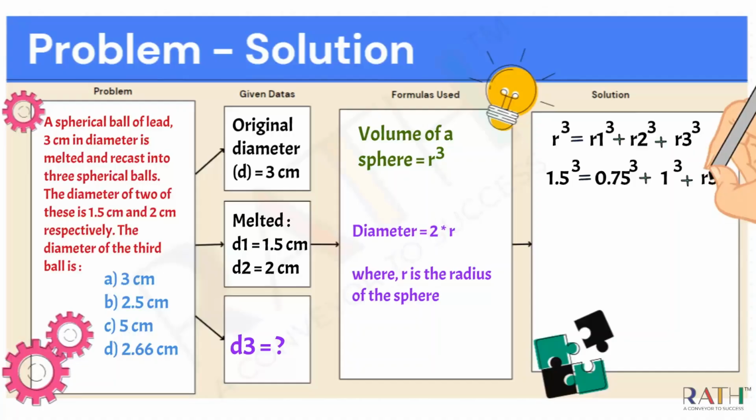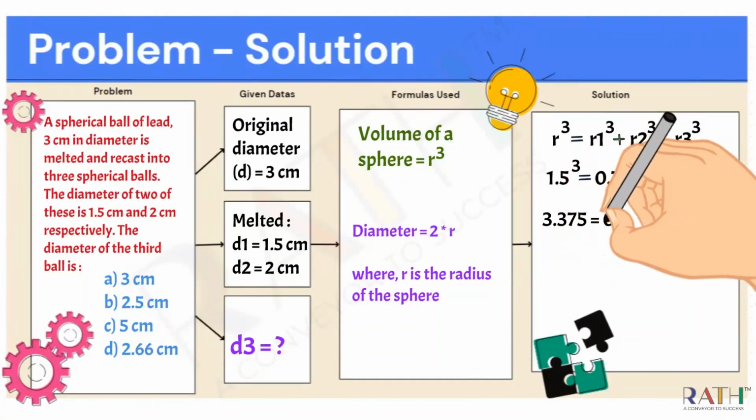And then d1, if the value of r1 means it's d1 divided by 2, that is 1.5 divided by 2 is 0.75, and r2 value is 2 divided by 2, that is 1, and then r3 we need to find out.